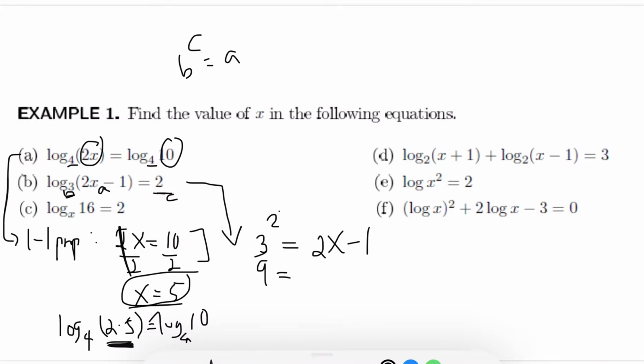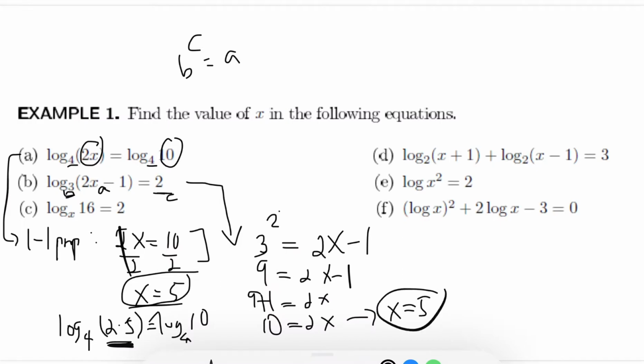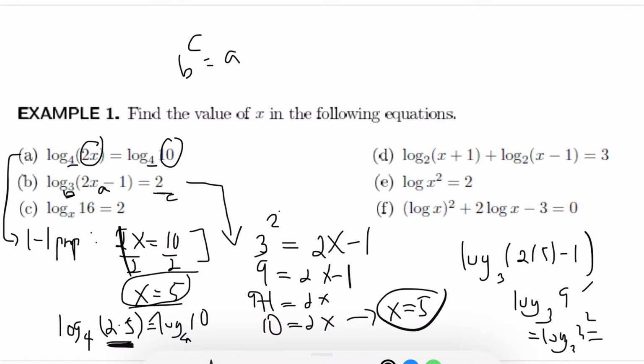So this is 9 equals 2x minus 1. 9 plus 1 equals 2x, so 10 is equal to 2x. Again, x is 5. Now, if you substitute 5, 2 times 5 minus 1, base 3, this is log of 9 base 3, so this is positive. And if you want to go on, log of 3 squared base 3, by property, this is 2.